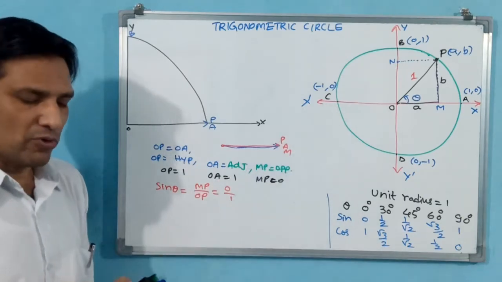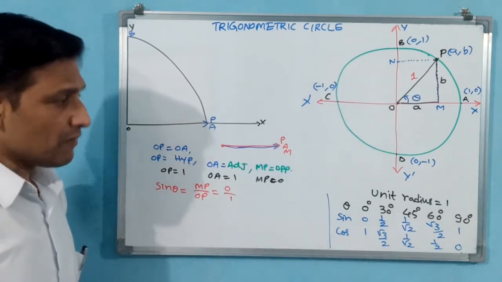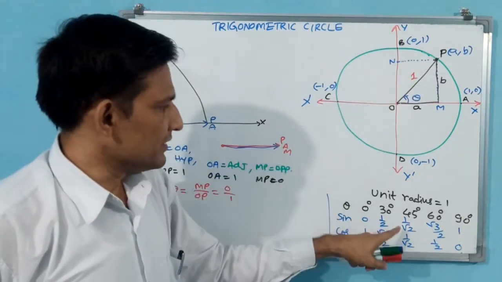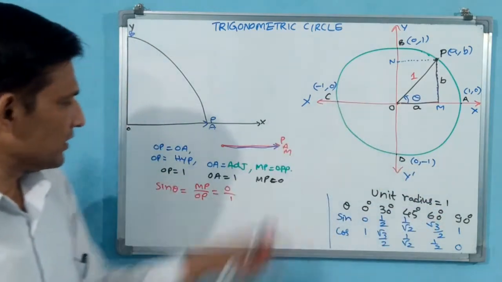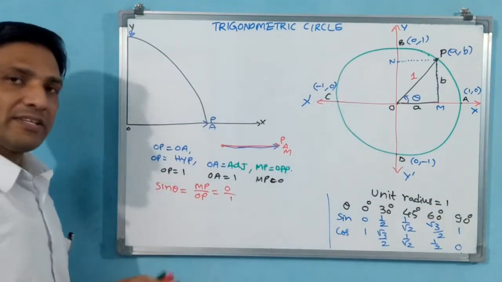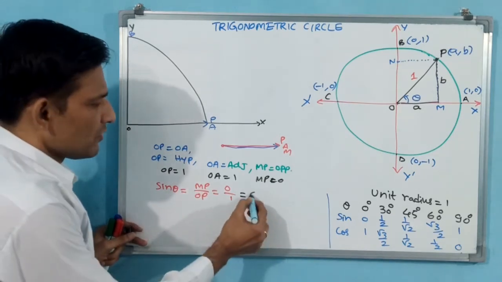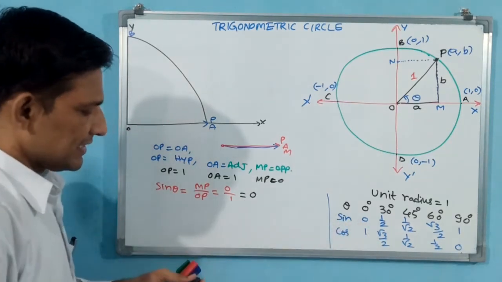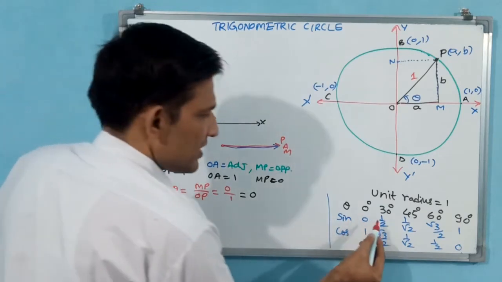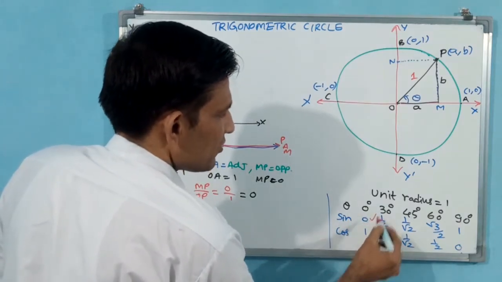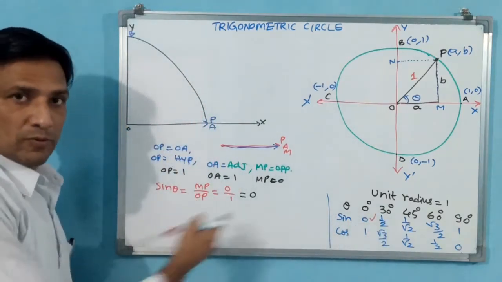OP is hypotenuse, that is always 1. Why? Because that is radius, unit circle, unit radius. Now you see how much it is going to become? Sine theta, 0 by something is 0. Sine 0 degree is 0. One result I have proved.